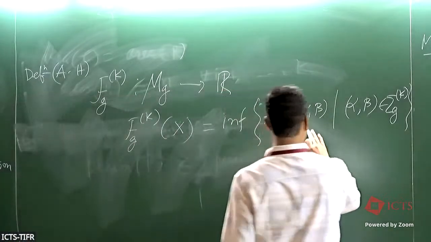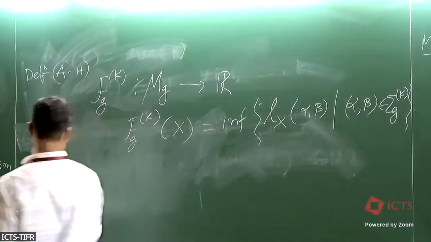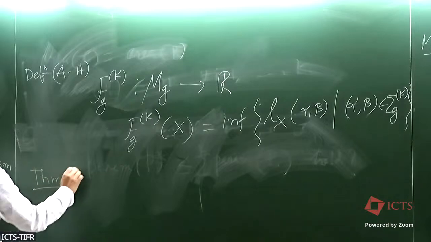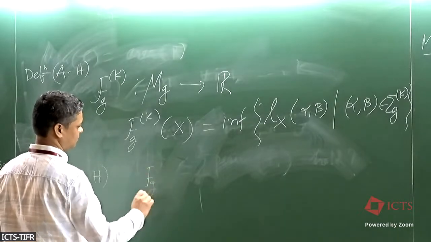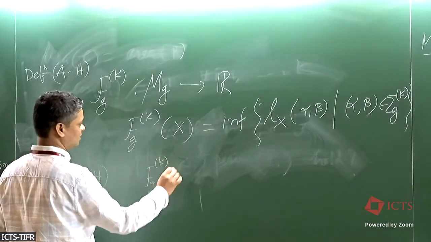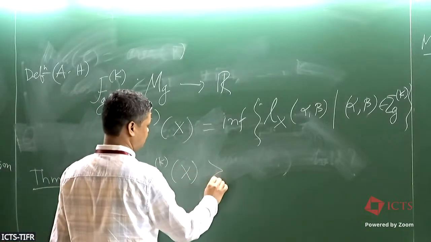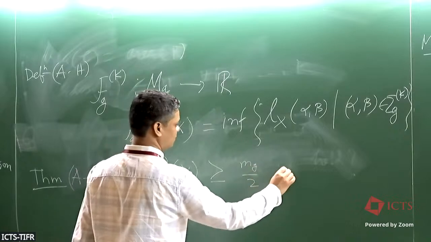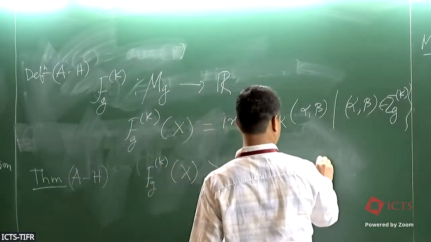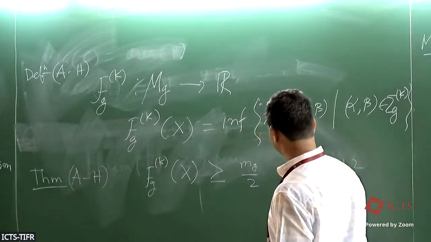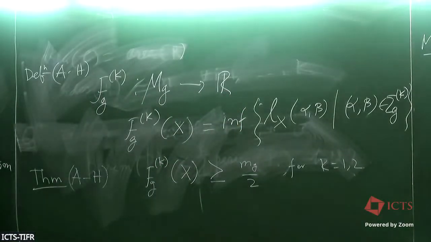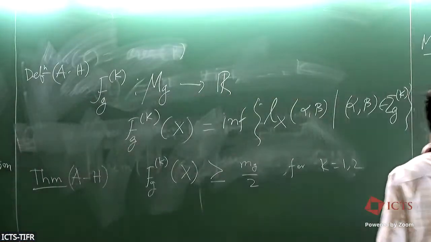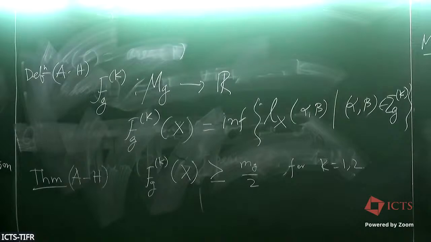This function is unbounded above, and the theorem they have shown is that f_g^k(X) is greater than or equal to m_g over 2 for the values k equal to 1 and 2, where m_g is the perimeter of a right-angled regular (8g-4)-gon in the hyperbolic plane.